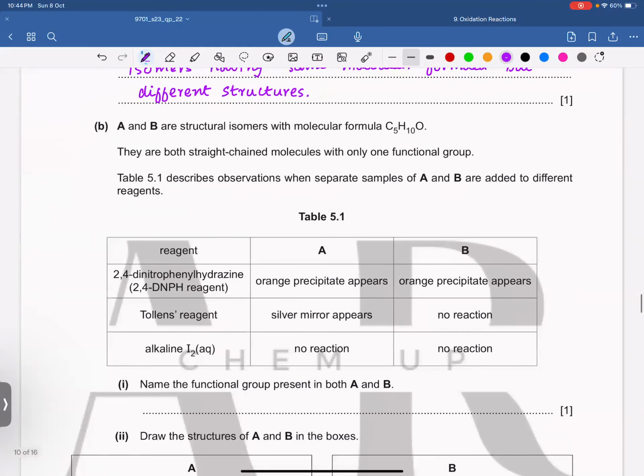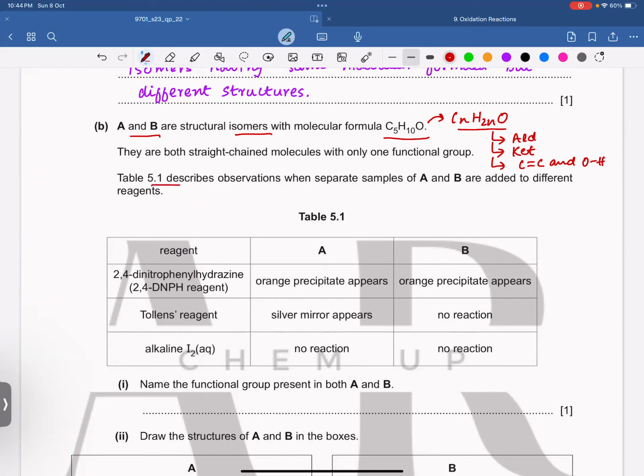Now, A and B are structural isomers with a molecular formula C5H10O. So if you see its general formula, it is going to be CnH2nO. And if you further recall, this general formula can be of an aldehyde or a ketone, or might be a structure having a carbon-carbon double bond and OH, both groups present in one structure.